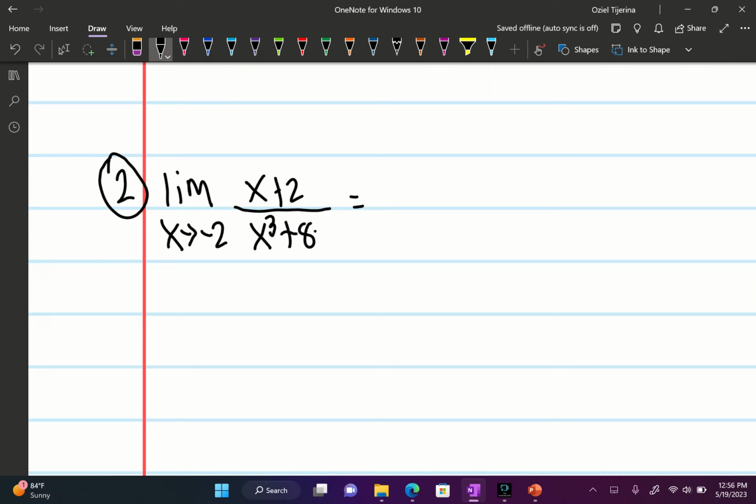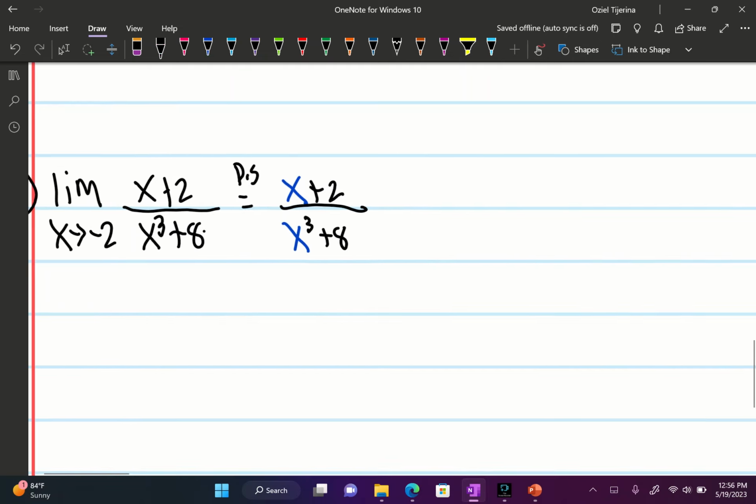Now, again, we're going to do direct substitution and see what happens, right? So obviously, when we plug in x equals negative 2, this is going to be x plus 2 over the quantity x cubed plus 8, and we're going to plug in x equals negative 2.